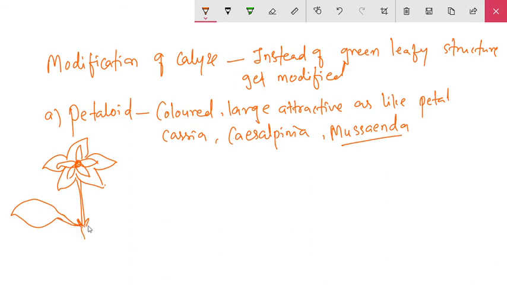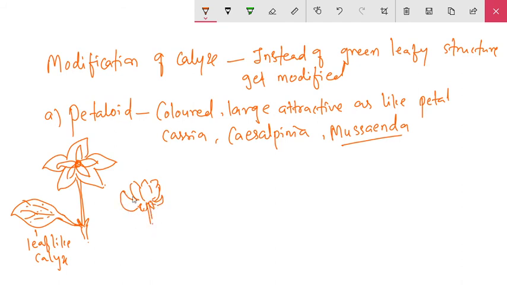Okay, so it is leaf-like calyx. Okay, or sometimes it may be the other calyx, they are small, and the one it becomes large petal-like.